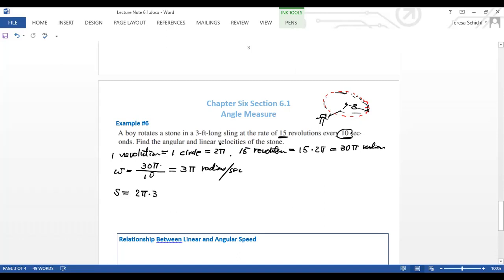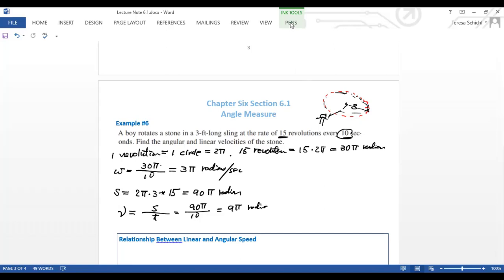R is 3, and I have 15 revolutions, correct? So that's 90 pi. Now how long do I travel? It takes 10 seconds for this stone to travel. So the linear speed will just be s over t, so it's 90 pi over 10.